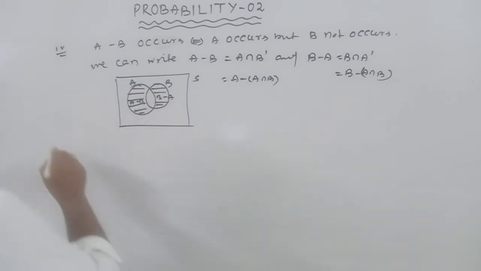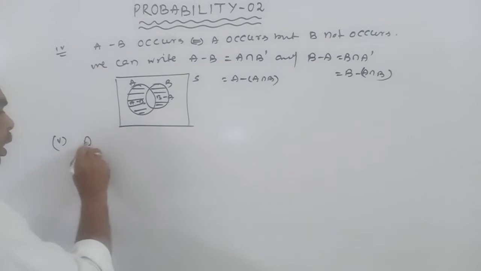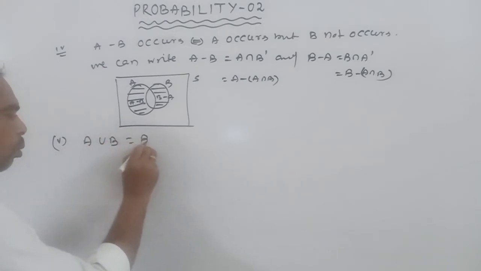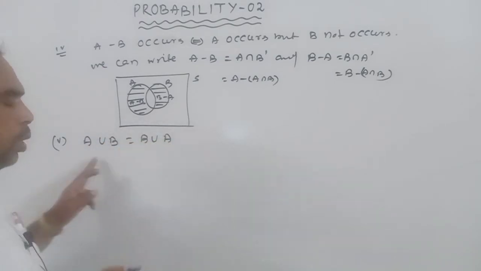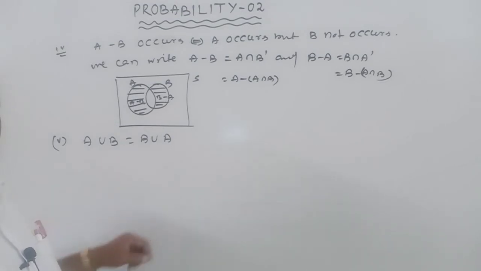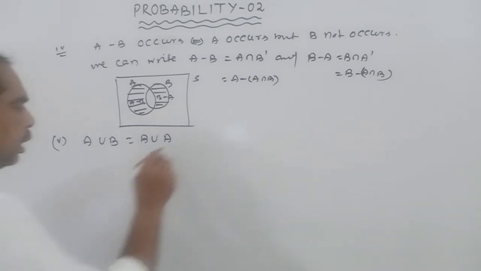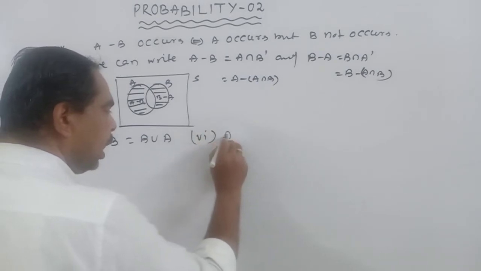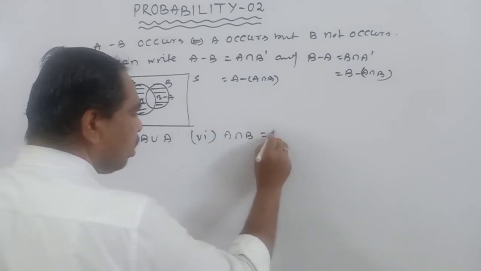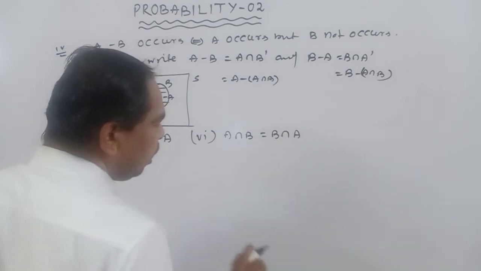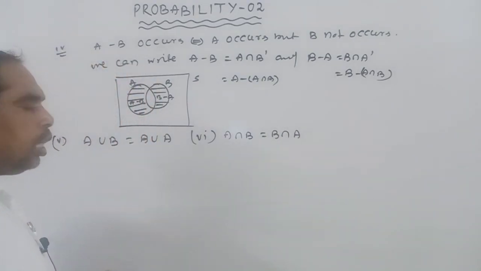Next, fifth one: A union B is equal to B union A, so the commutative law is satisfied. Sixth one: A intersection B is equal to B intersection A, so the commutative law is satisfied for both union as well as intersection.